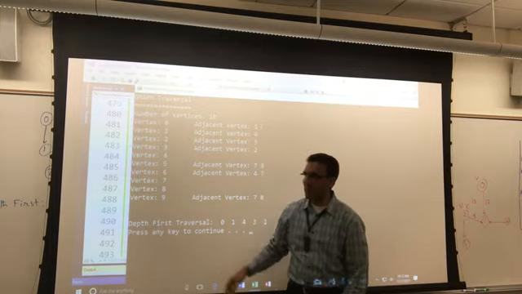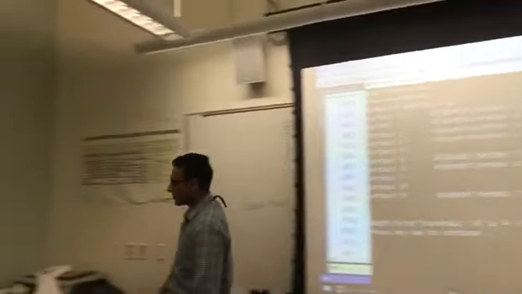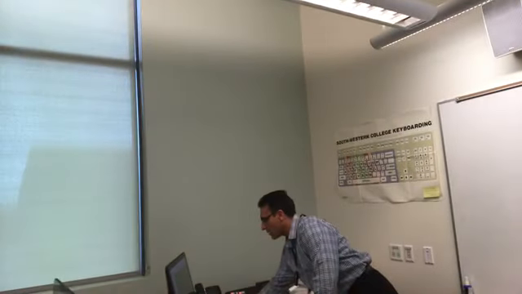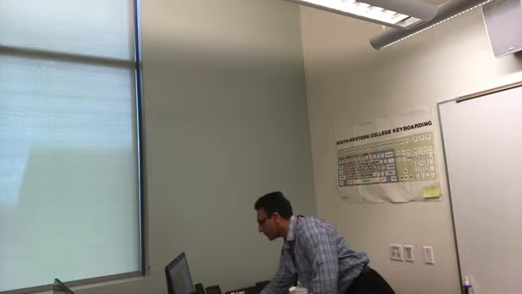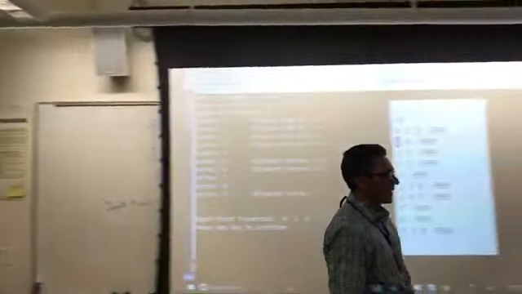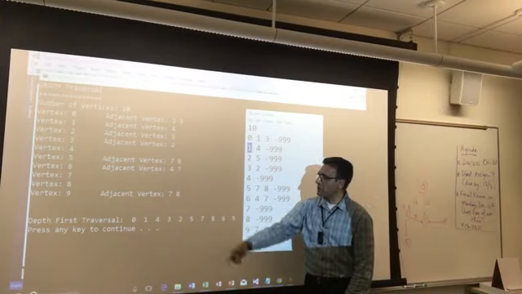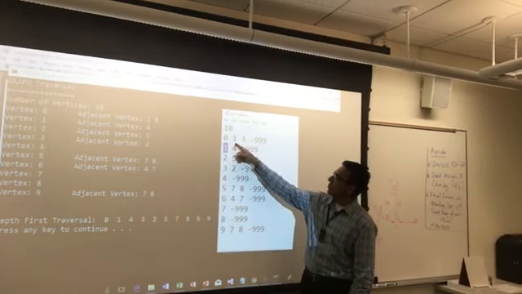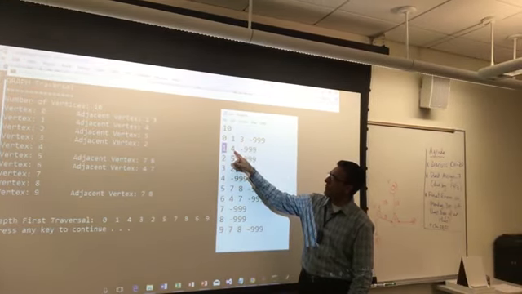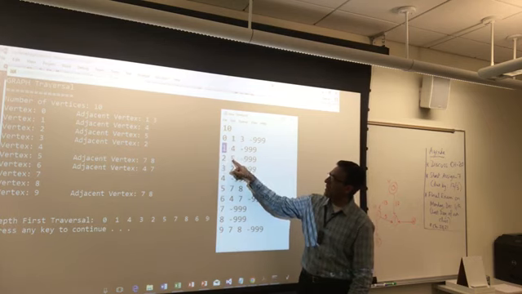If you look at the data file, let me put the data file right next to it. It will make more sense. So there are 10 vertices. You create the Gsize for 0, 1, 3. For 1, 4. For 2, 5.